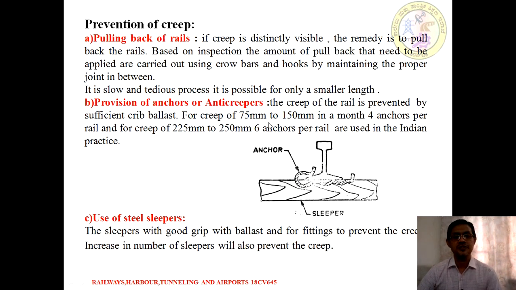If the creep is from 75 to 150 mm in a month, then 4 anchors per rail are provided, or if the creep is 225 mm to 250 mm, then 6 anchors per rail length are provided. This is according to Indian practices.